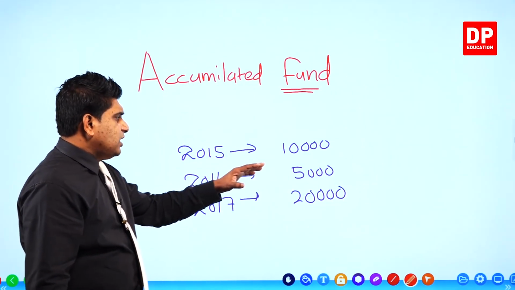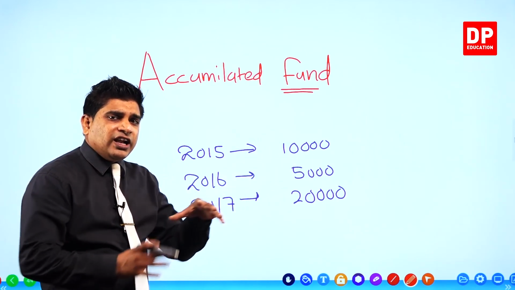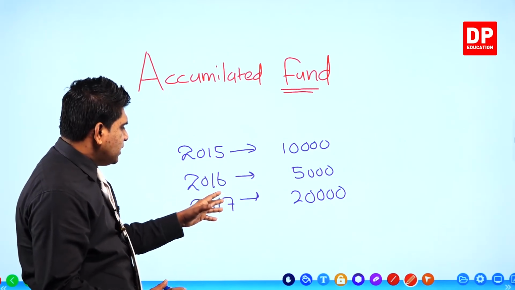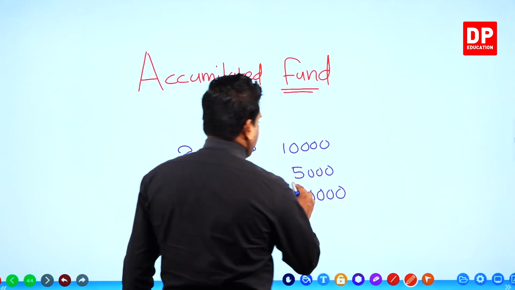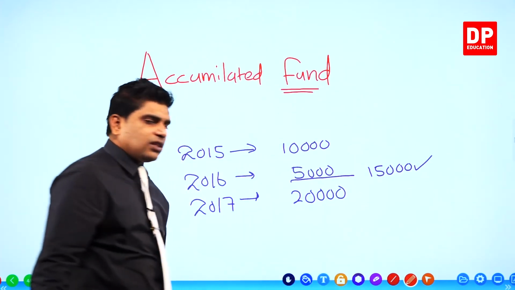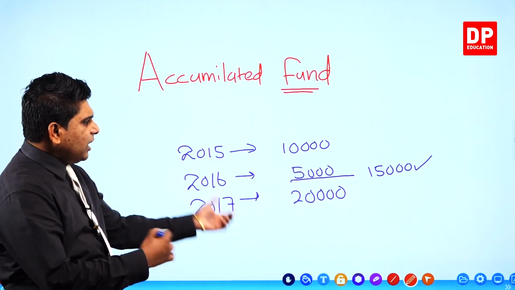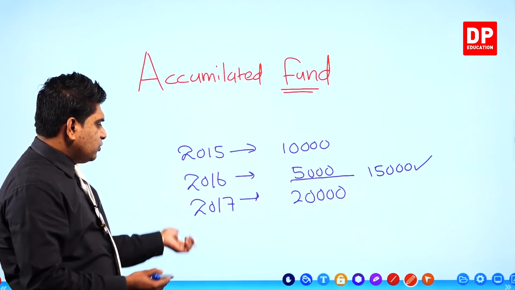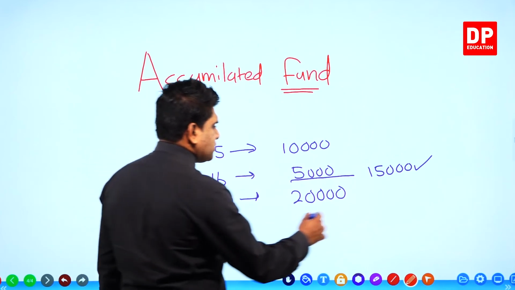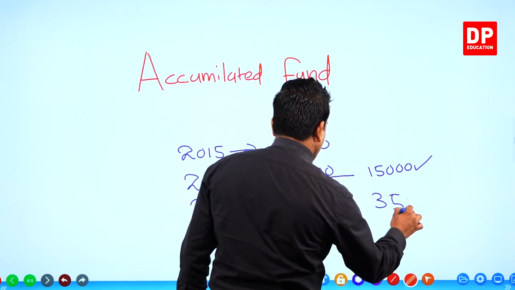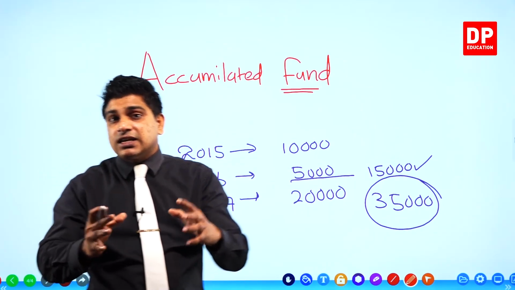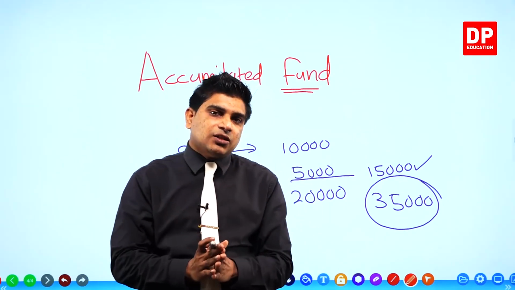In the first year, surplus and accumulated fund are equal, because it is the first year. In the second year, 10,000 plus 5,000 gives 15,000 accumulated fund. At the third year end, they add 20,000 more, so it becomes 35,000 accumulated fund.